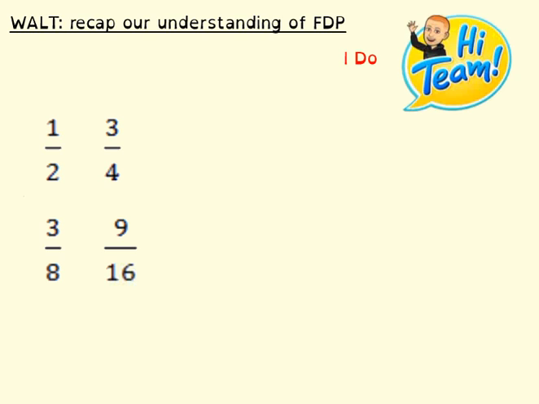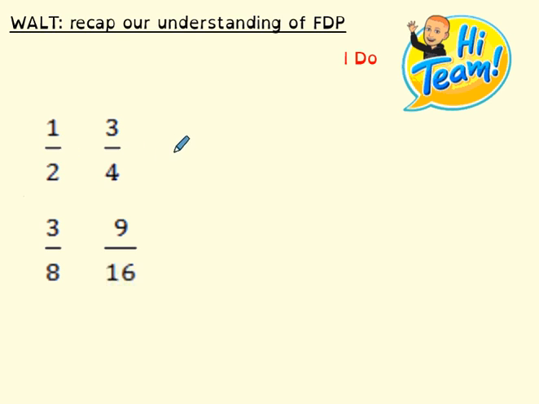I do, you do then for comparing fractions. So, nice and straightforward, I've got 1/2 and 3/4. We've said previously we can't compare fractions with different denominators easily because it's difficult. So you've got to get them both to have a common denominator.